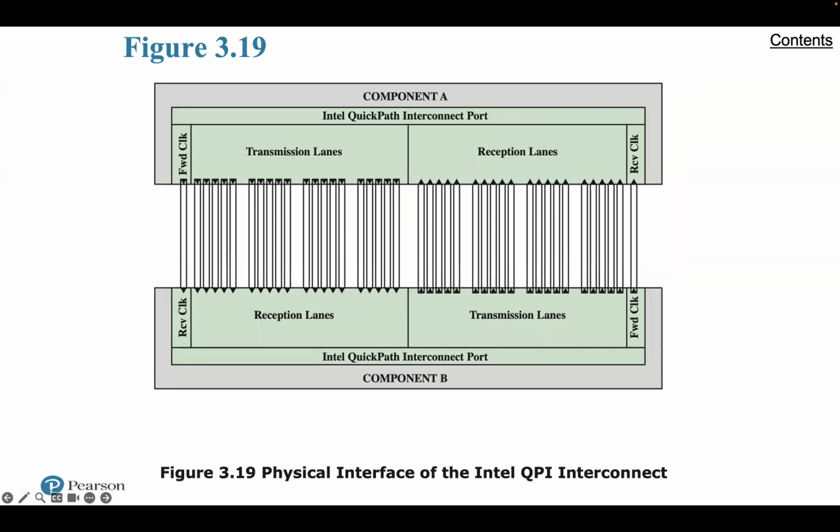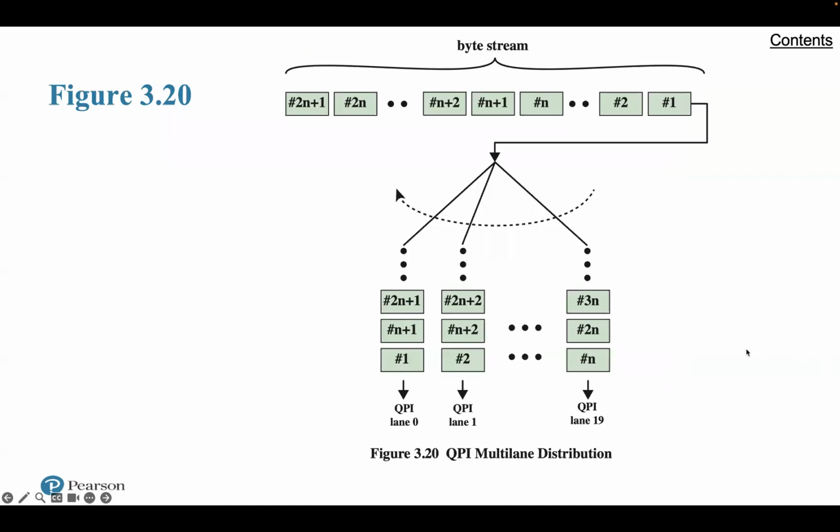Here we can see the physical interface of the Intel QPI interconnect. We have transmission lines going between components, transmission lanes and reception lanes, as indicated in this figure. Here we have an illustration of QPI multilane distribution.